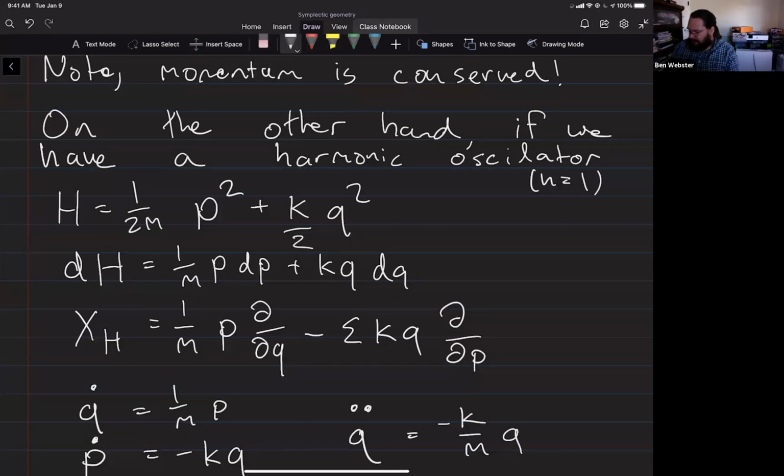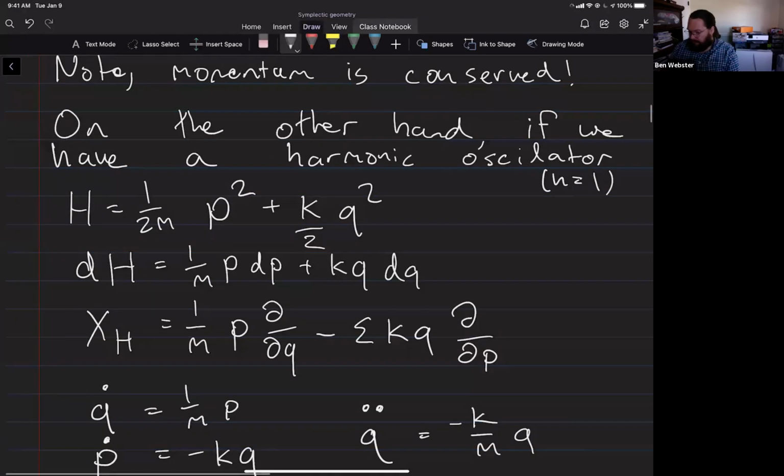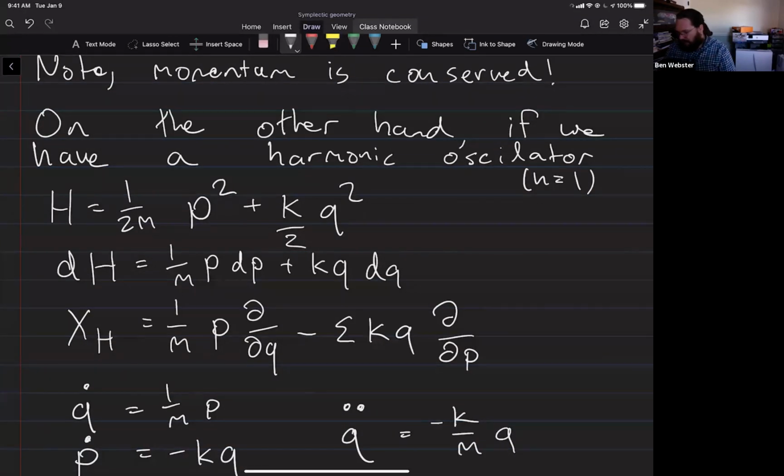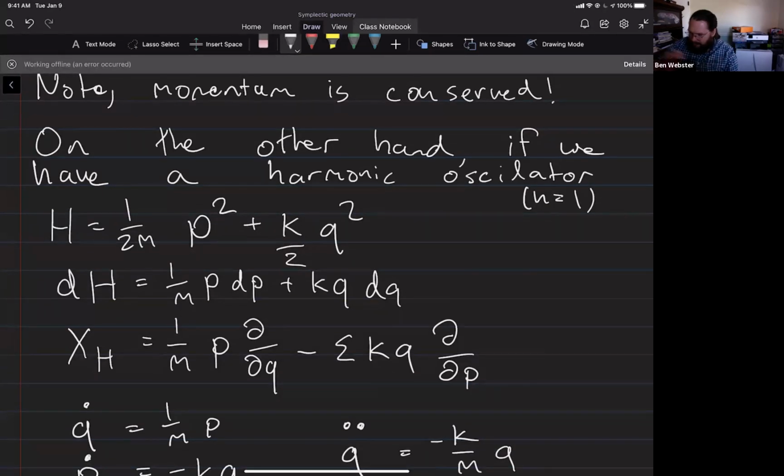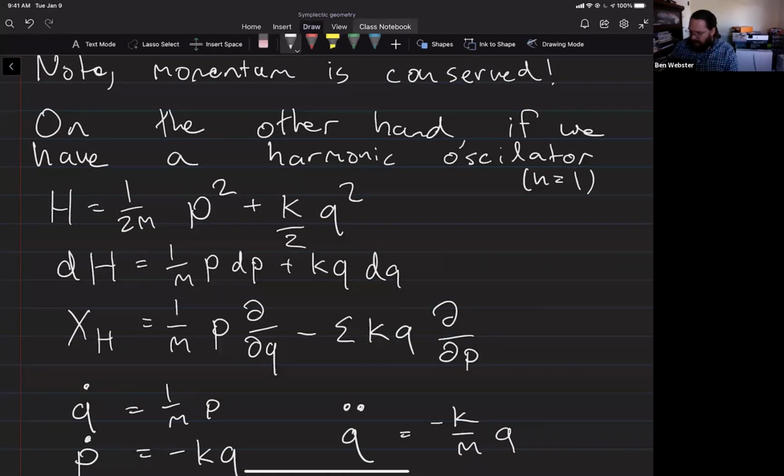When I take the differential, I get 1/m p dp plus k q dq. And now I have a term q dq here. The Hamiltonian vector field is 1/m p ∂/∂q minus k times q ∂/∂p.